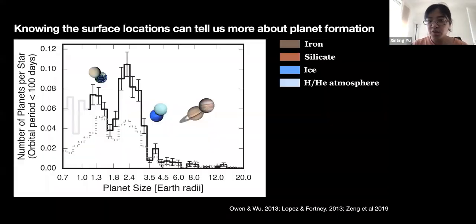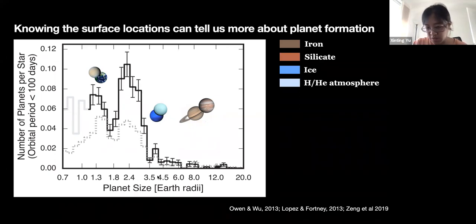Knowing the surface can also tell us something about planet formation. There are currently two theories to explain the observed frequency of exoplanets.